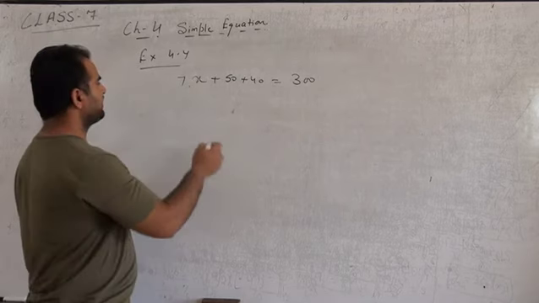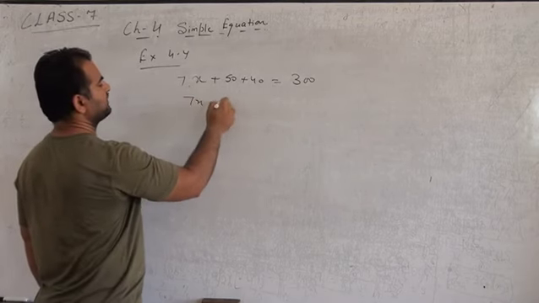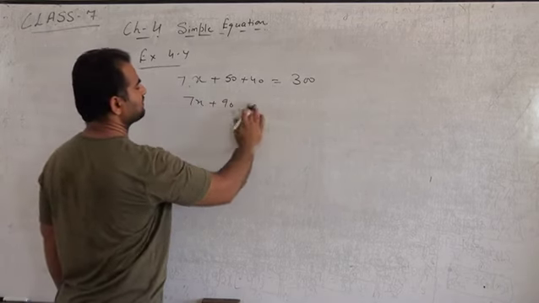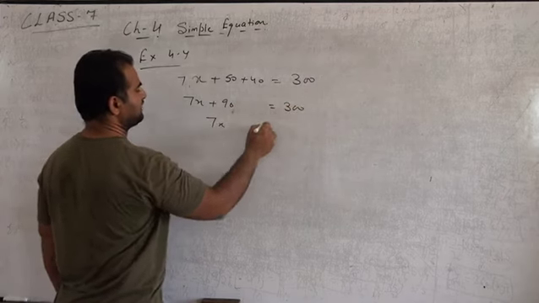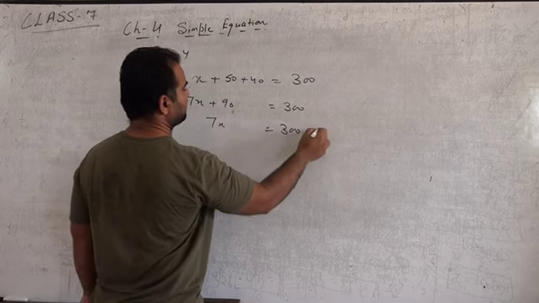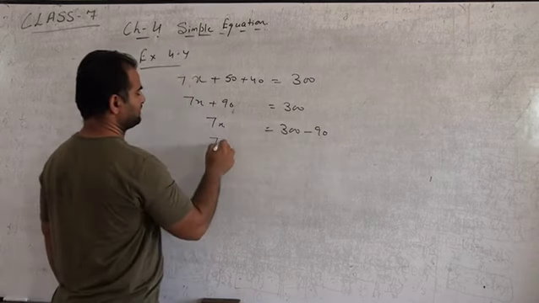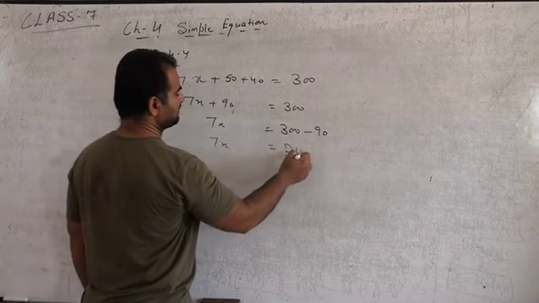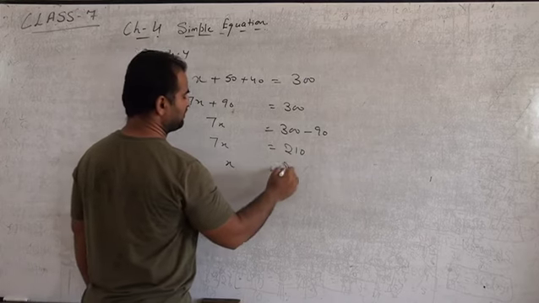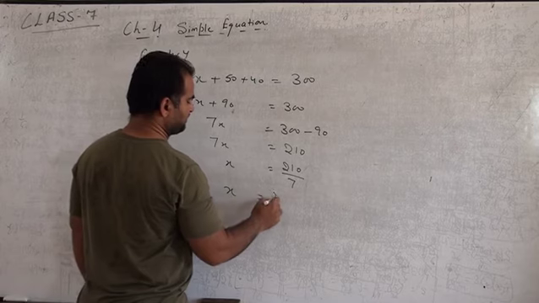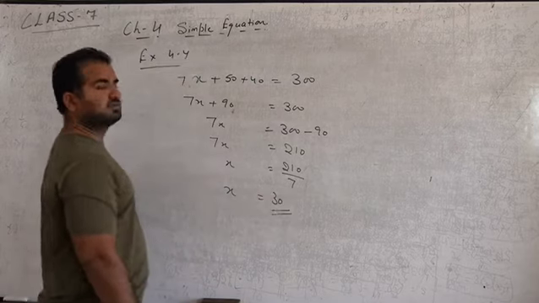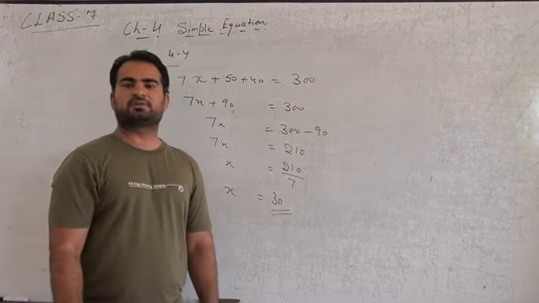So it will be 7x plus 90 equals 300. So 7x equals 300 minus 90. 7x equals 210. x will be 210 upon 7. So x will be 30. So the number was 30.